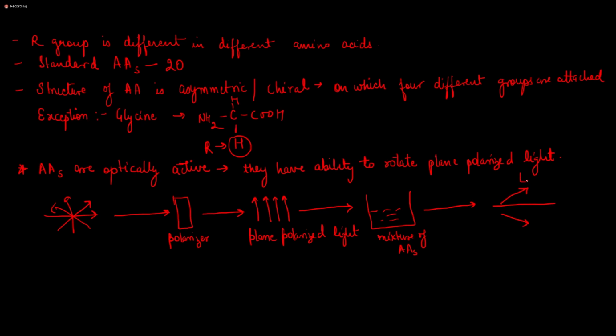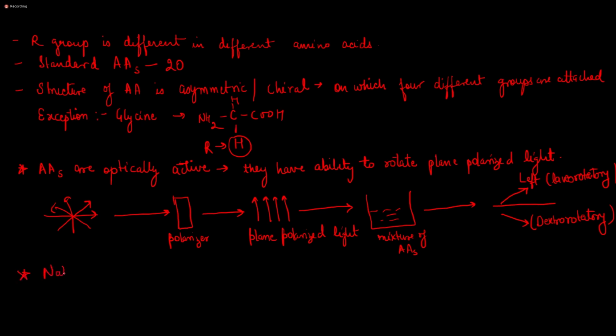The one that rotates the light to the left is known as levorotatory, and the one that rotates the light in the right direction is known as dextrorotatory. So this mixture of amino acids has the ability to rotate the light either left or right, and hence is known as levorotatory or dextrorotatory. So if we talk about the naturally occurring amino acids, that is all these 20 amino acids.